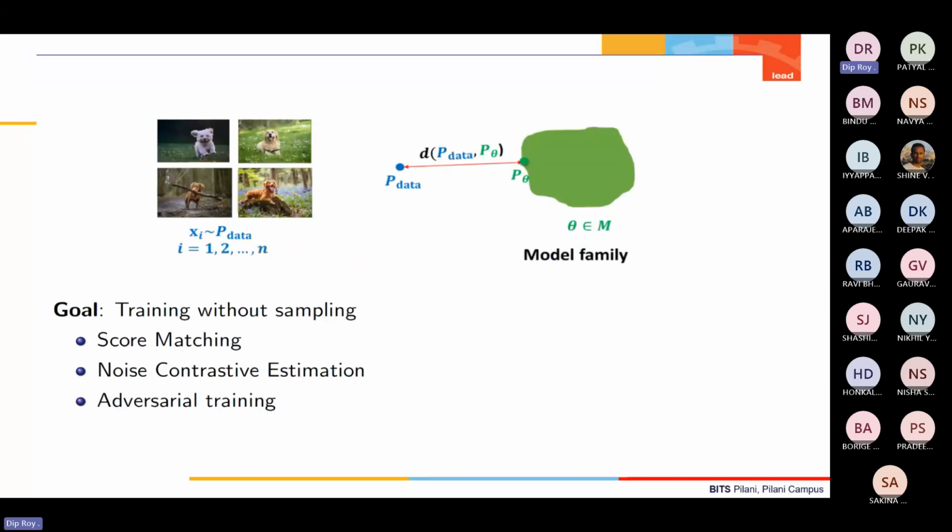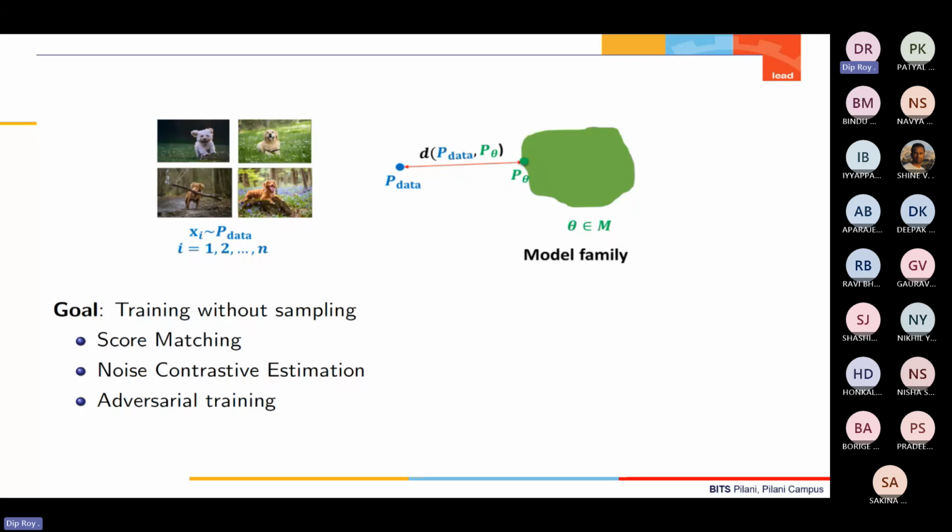Now, is there any goal that we can find which will not involve sampling? If we are able to not sample from the model, then our problem is solved.